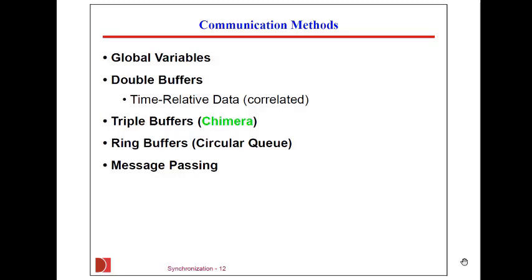Now, triple buffers is another case that you might want to implement. You can imagine, well, hold on, why would I do that? Imagine the case of a double buffer. You have multiple tasks that are reading and writing data.